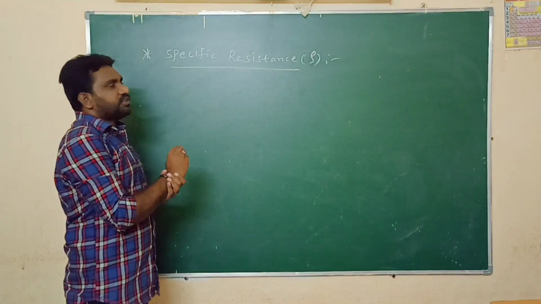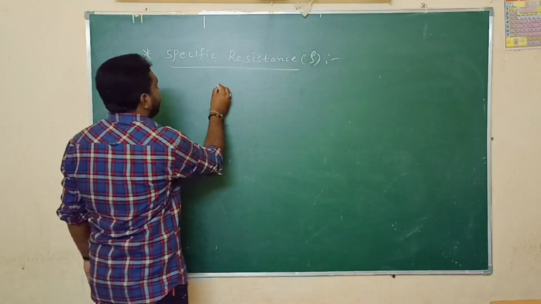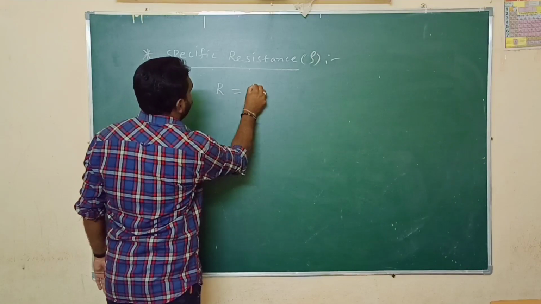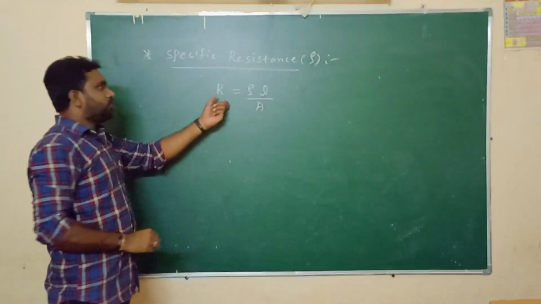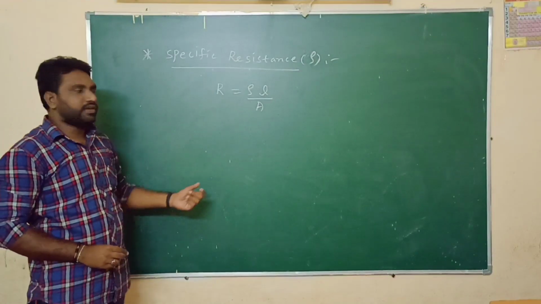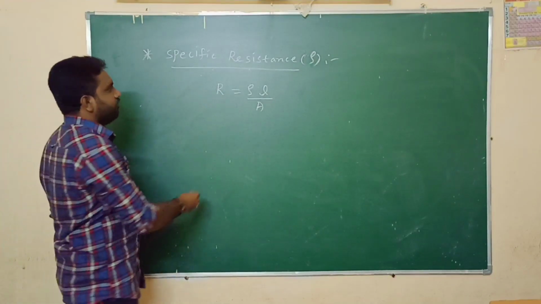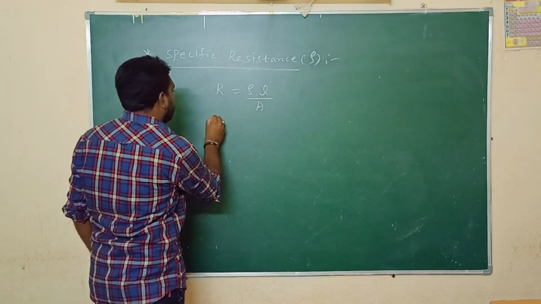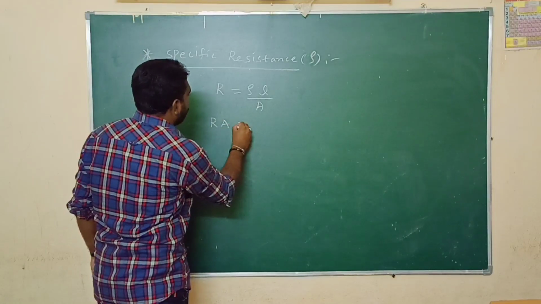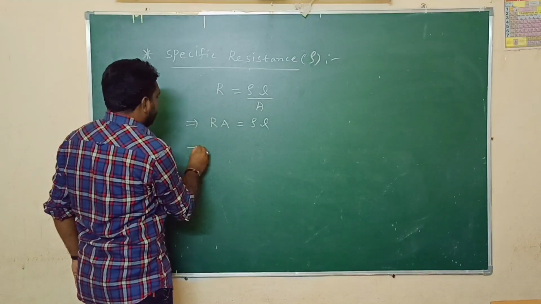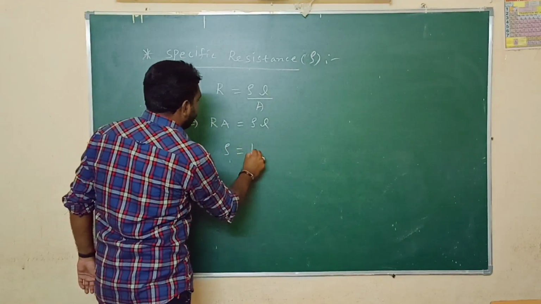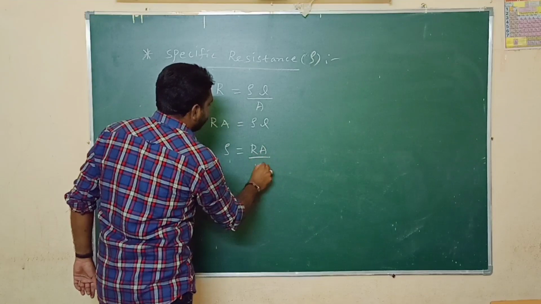From the previous equation, resistance R equals rho into L by A. So R into A equals rho into L, and then rho equals RA by L.